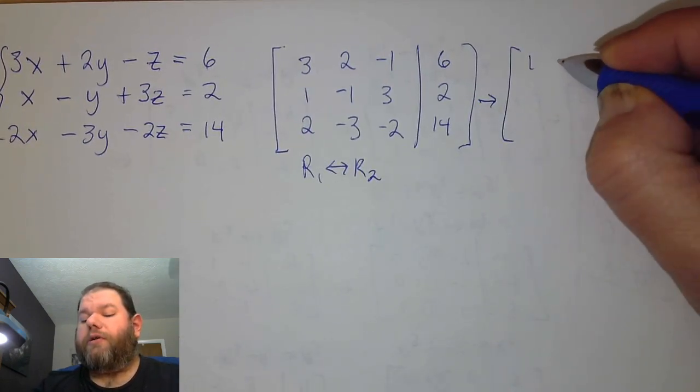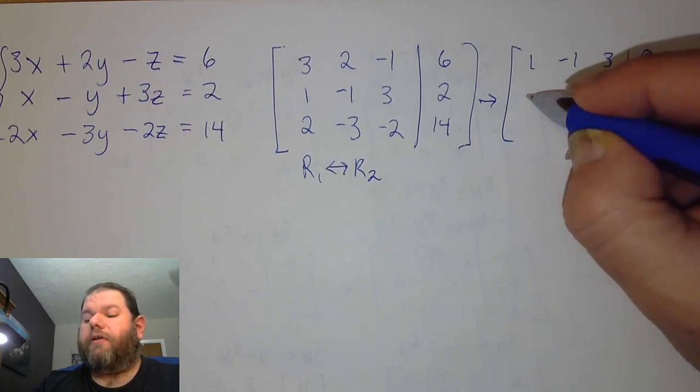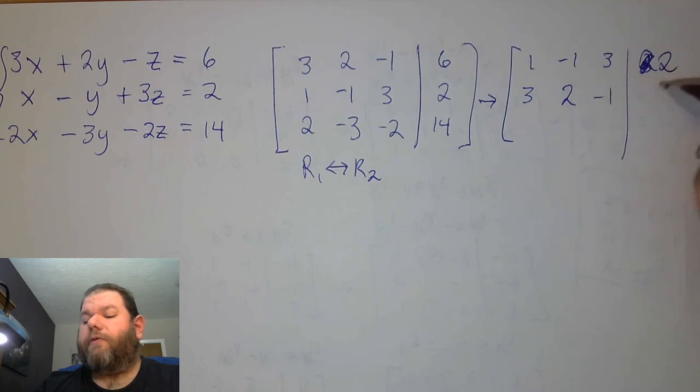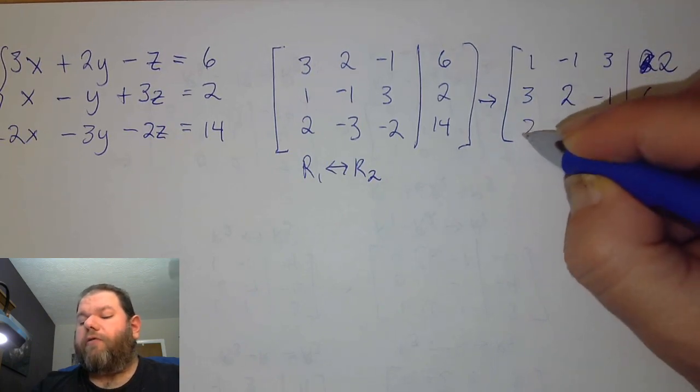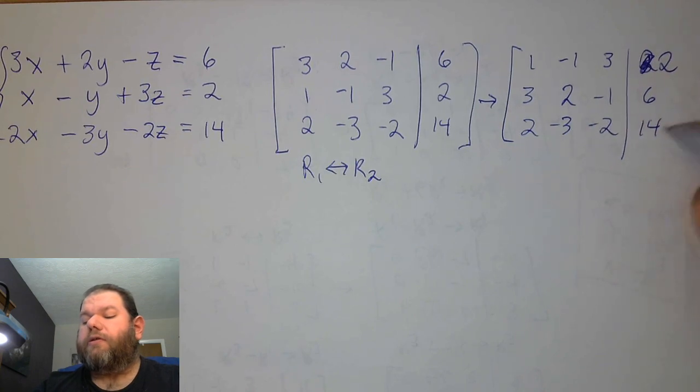So they'll put 1, -1, 3, and 2. Row 2 goes first. That's a 2, sorry. And then row 1 is now second, so 3, 2, -1, 6, and row 3 is unchanged, like so.